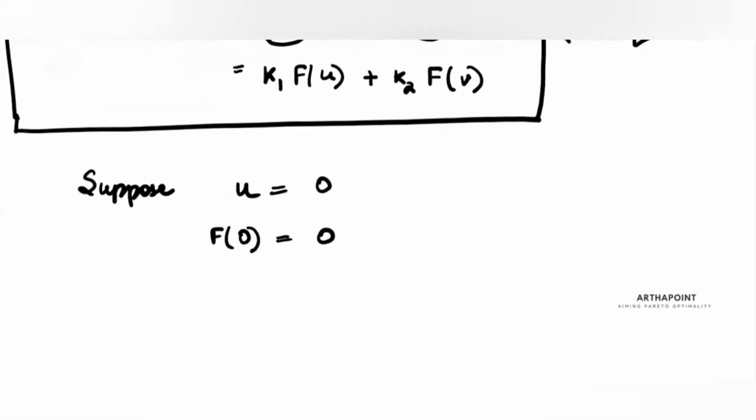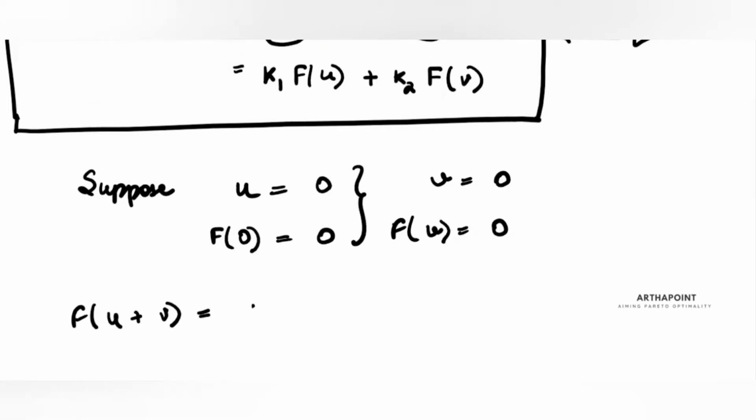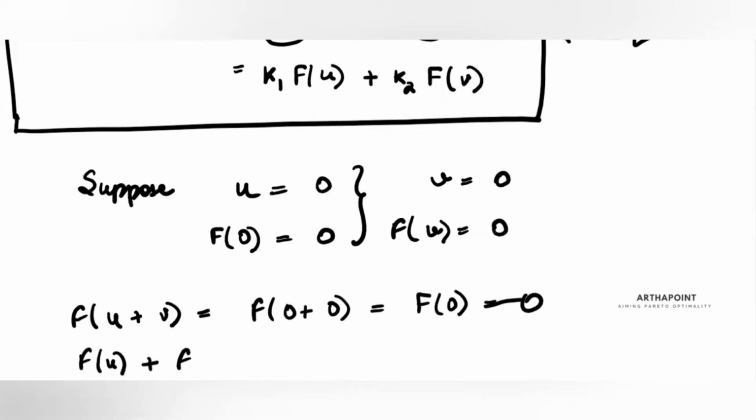Because you are just considering a vector of zeros, f of v will also be 0. So f of u plus v can be f of 0 plus 0, which is f of 0, which is 0, and f of u plus f of v can be 0 plus 0, which is 0.